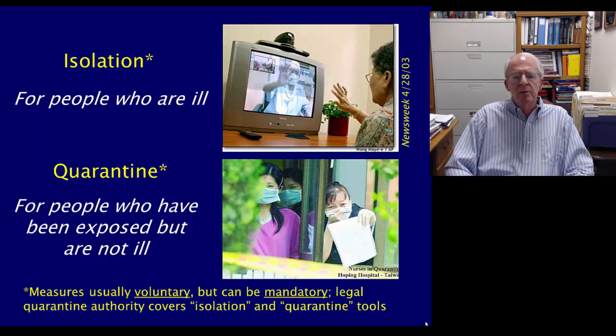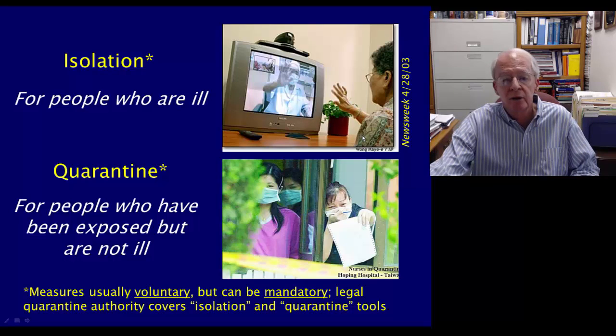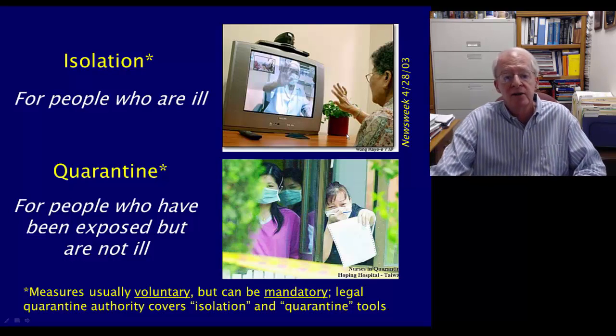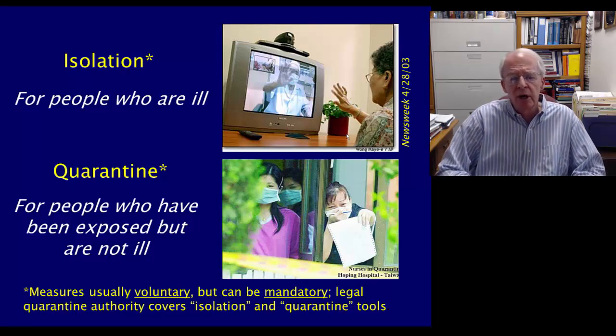Isolation applies to people who are ill. You can see an individual hospitalized in Hong Kong who's on the TV set here being visited by his wife, who is in another room but is able to communicate with him while he is in isolation. In contrast, quarantine applies to people who have been exposed but are not yet ill.